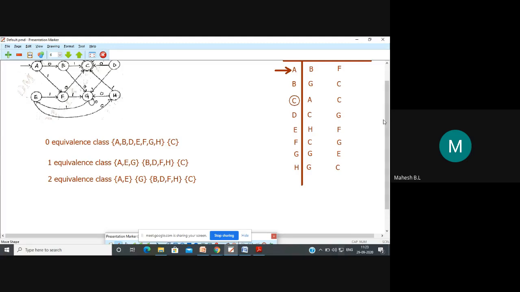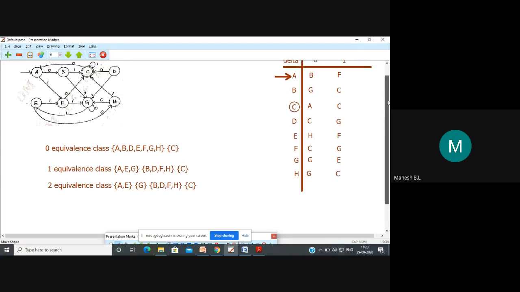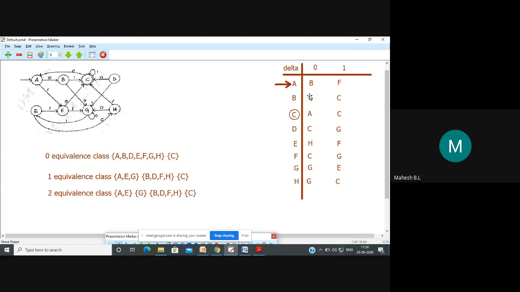So B, D, F, H. B is G, C: G here, C here. Then H is also G, C: G here, C here. But consider D, F: C, G, C, G. So B and H are together, D and F are together.